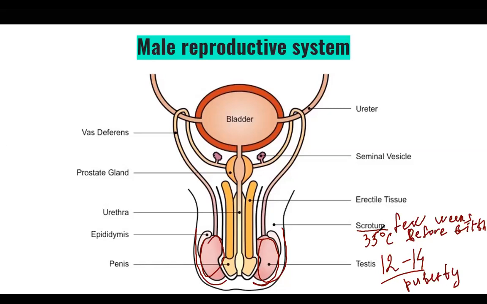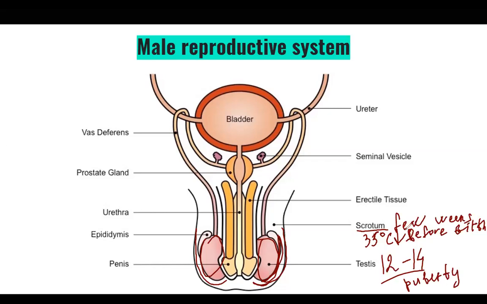So the scrotum is a sac in which the testes are held. The scrotum holds testes outside the body, which allows them to be kept at a temperature just lower than the body temperature. So this allows sperm cells to be made successfully.